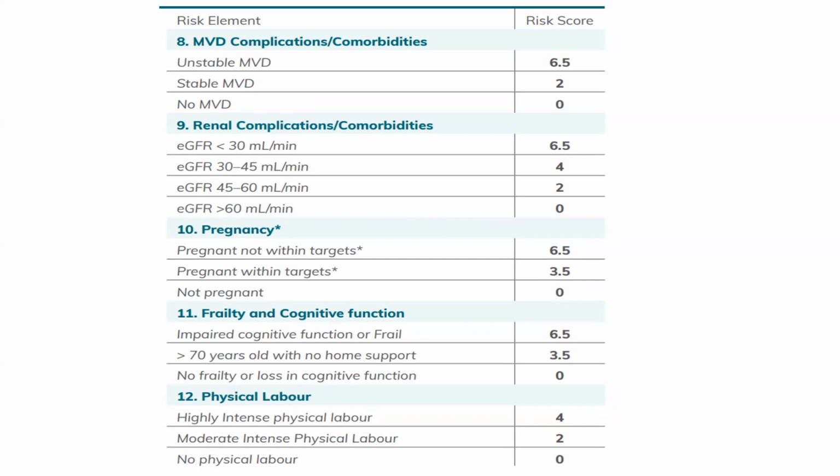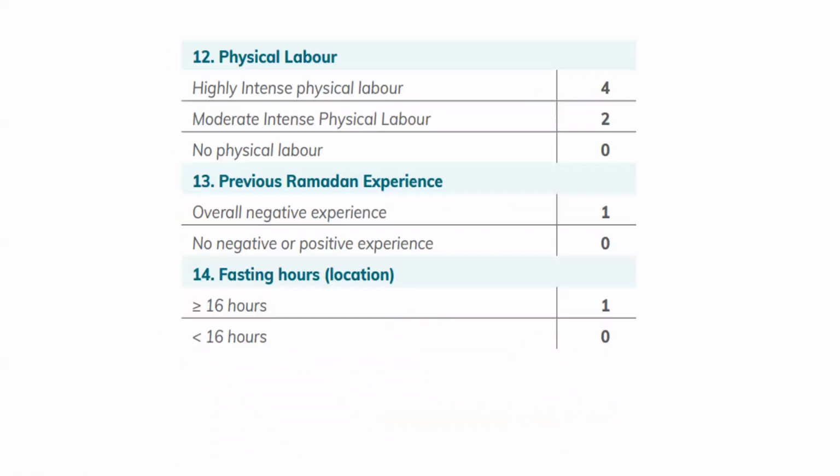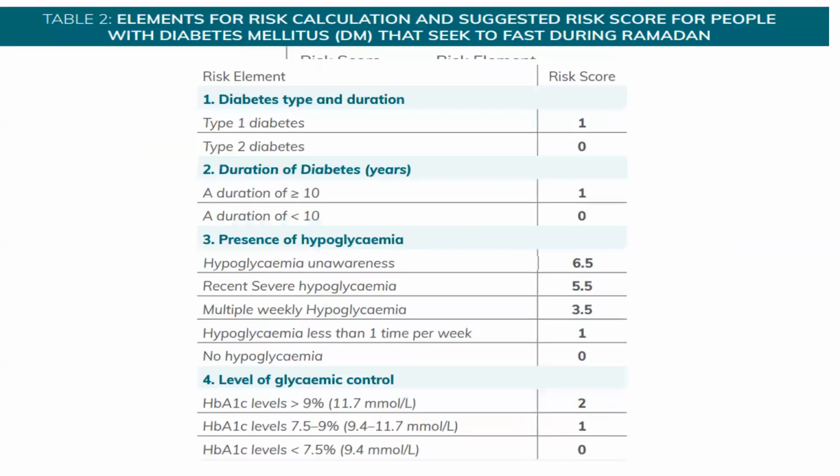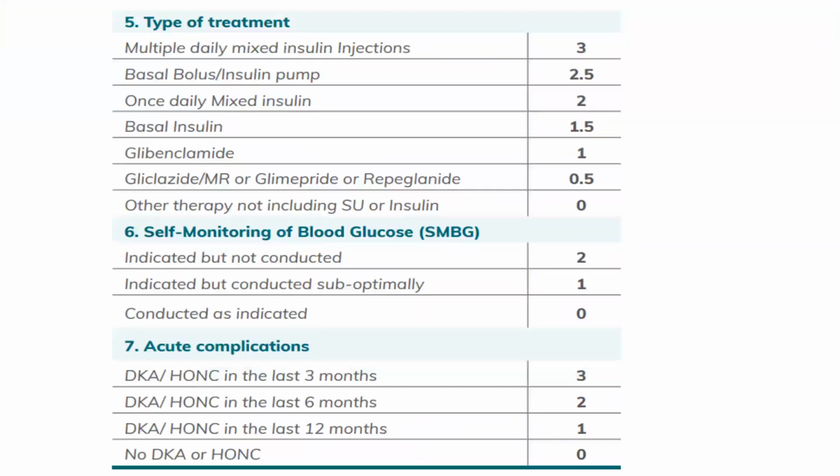If the patient has type 2 diabetes, that gives 0. This is newly diagnosed, so the duration of diabetes less than 10 years, again 0. But the HbA1c is 10% at diagnosis, so that gives a risk score of 2. Now, this patient was started with metformin and an SGLT2 inhibitor.